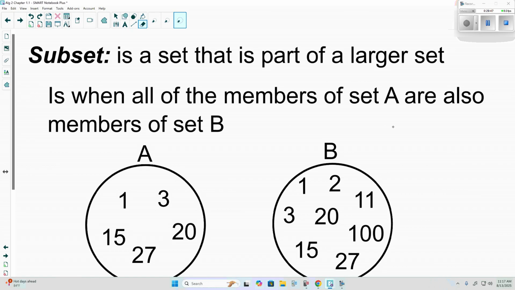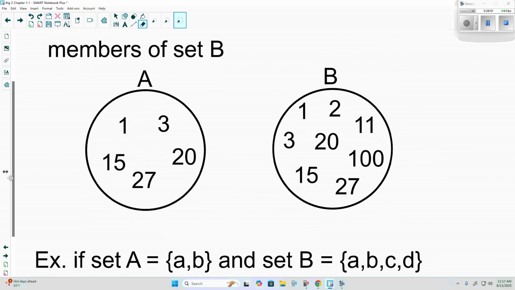And if we look at this in the general sense, set A contains the elements 1, 3, 15, 27, 20. Yes? Set B: 1, 2, 3, 20, 11, 15, 27, 100. Everything in A is contained in B. All of the elements of A are in B. Now, the way that we write it is we could say set A is a subset of set B. Write the whole thing out.